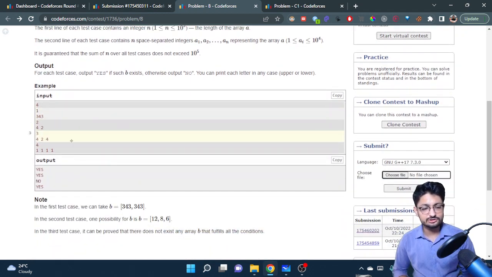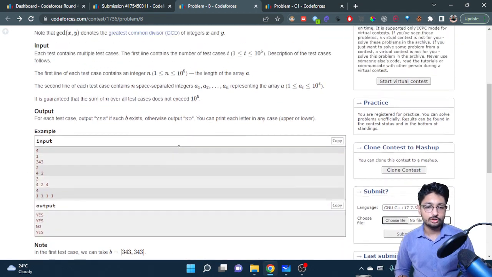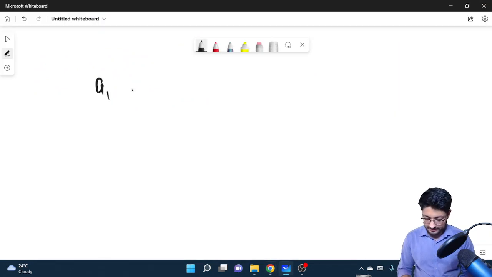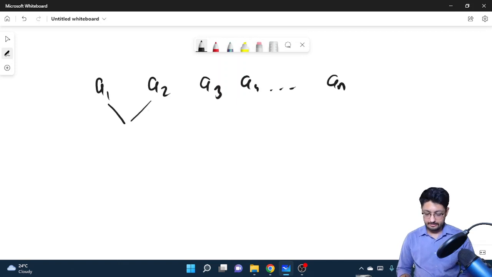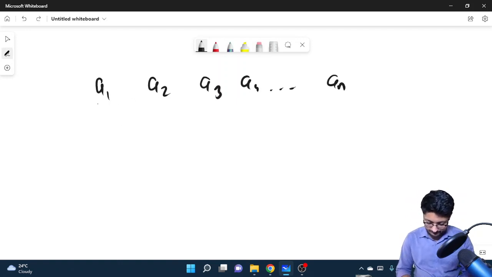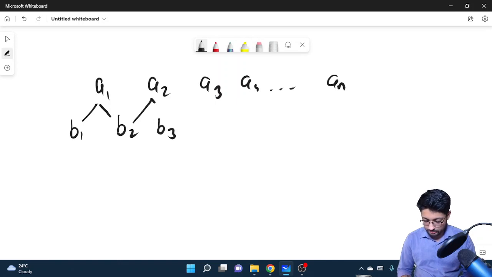As you can see, you just have to tell yes or no. Let's take some small example to understand all of that. Let's say that we have an array A1, A2, up to An, and I just have to tell whether there exists an array B such that the GCD of B1 and B2 is equal to A1. The GCD of B2 and B3 should be equal to A2.